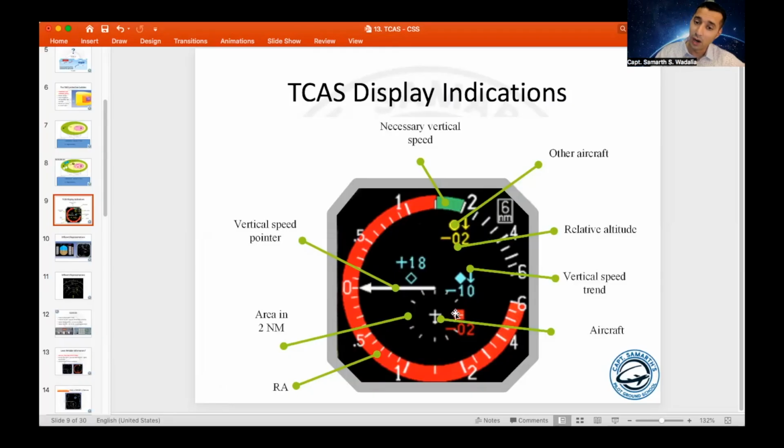Which takes us to our most threatening target, which is red solid square, -02. This target is roughly 3 o'clock your position, and this is a resolution advisory target. And this target is the reason your TCAS has turned your vertical speed indicator red and green.